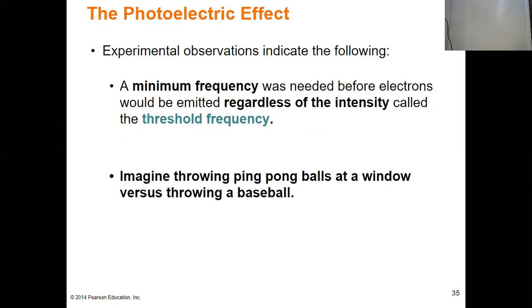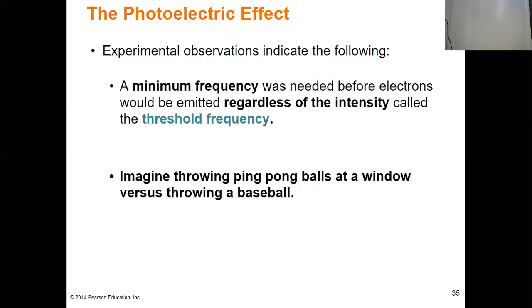The best way that you could visualize this is an example from your textbook. Imagine that you're looking at a window. If you break the window, that would be equivalent to ejecting an electron from a metal surface. You have this very dim light, and that dim light would be represented by ping pong balls. Now, you take a ping pong ball and you throw it at the window, and it's just going to bounce off.